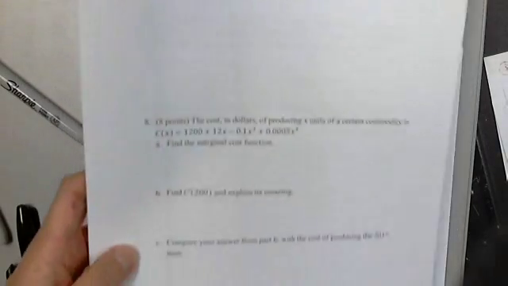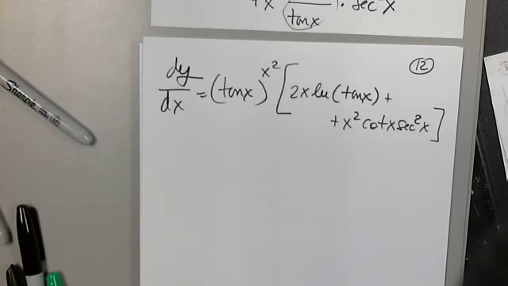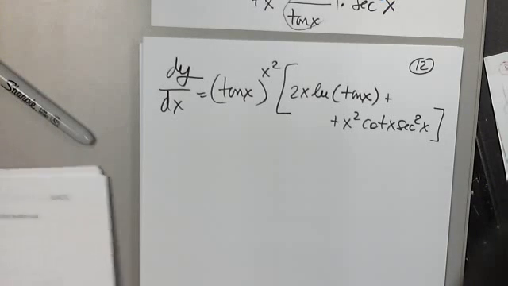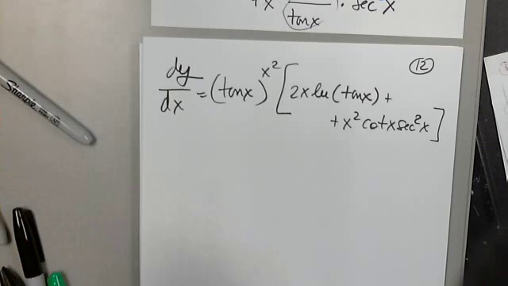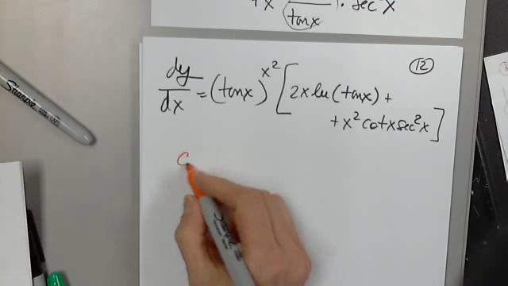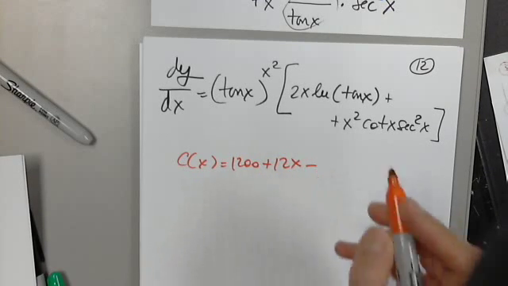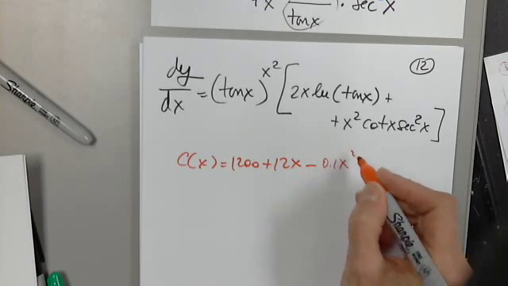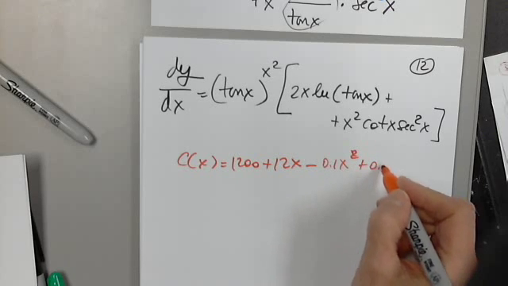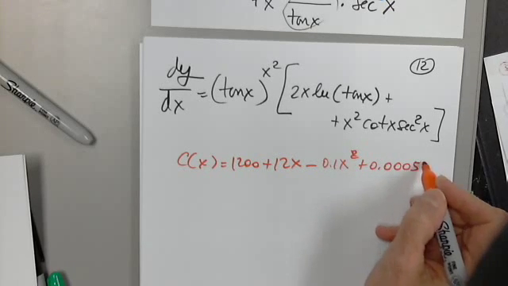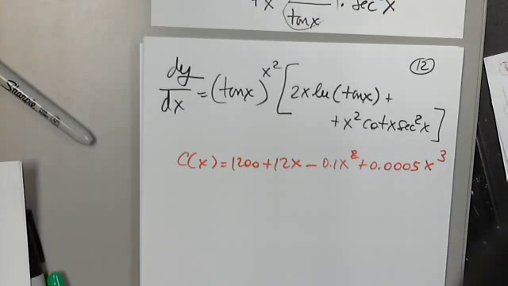Do we want to look at the cost function again, or number 8? Okay. So the cost in dollars of producing x units is C of x equals 1200 plus 12x minus 0.1x squared plus 0.0005x cubed. Find the marginal cost function.